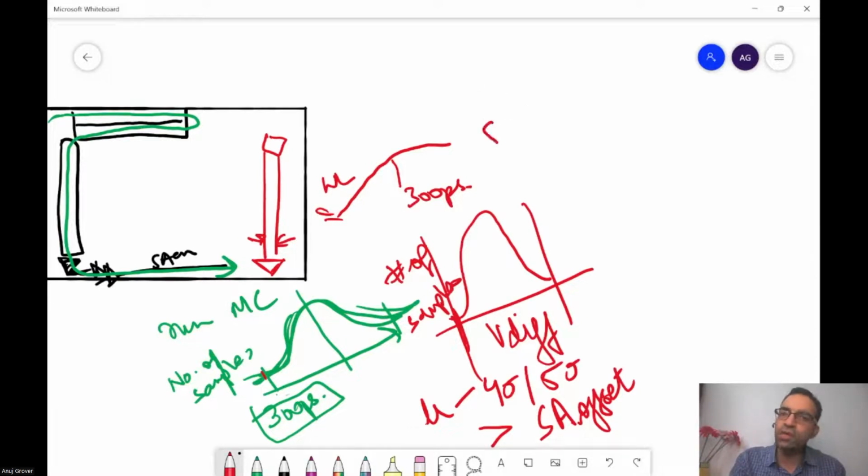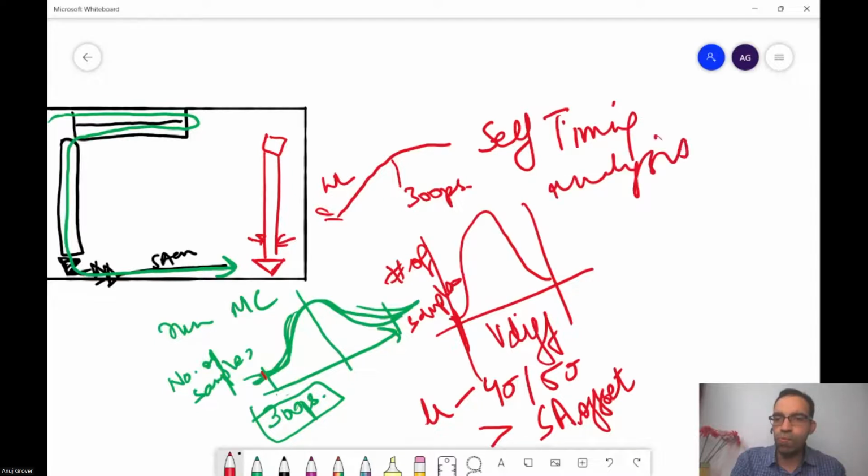This is called self-timing analysis. Fine. So what is the green curve signifying? Green curve is signifying the delay at which SAEN will come after word line is selected.